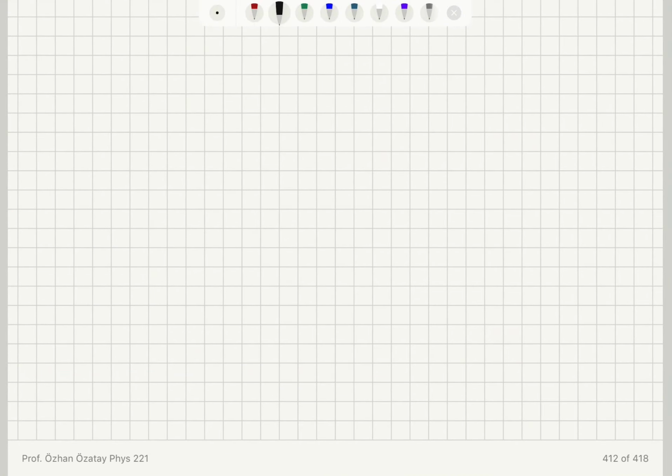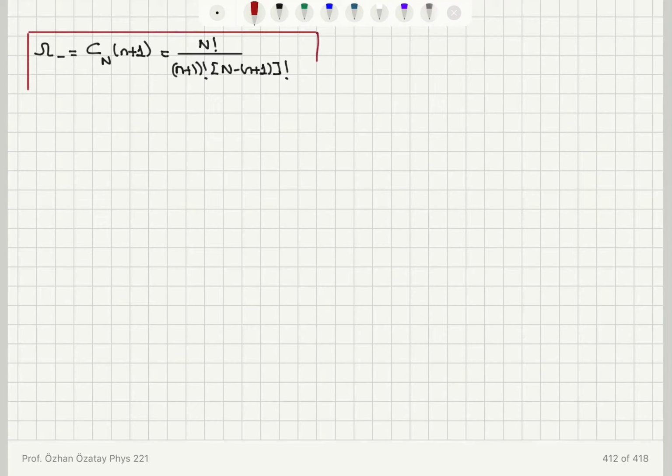This will be equal to the number of different ways I can arrange n plus 1 spins out of capital N. So basically that is combinations of capital N objects taken n plus 1 at a time. So this will be capital N factorial over (n plus 1) factorial times (capital N minus (n plus 1)) factorial. So that's the answer to part B.